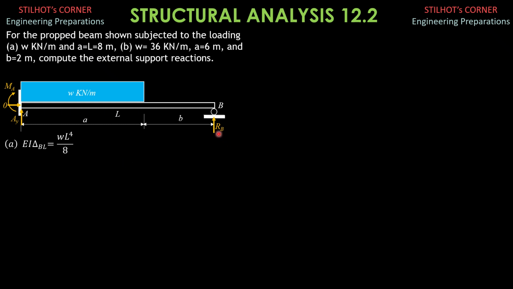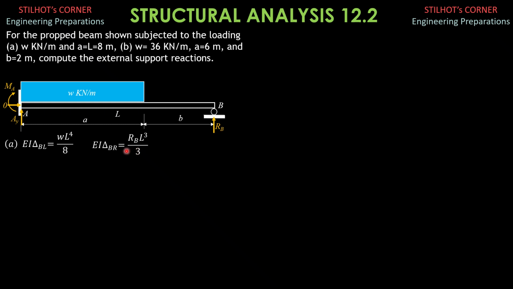So EI delta B due to the load is WL to the fourth over 8, while due to the concentrated load or reaction at B, it will deflect upward. The deflection here is EI delta B due to the reaction, equal to the force times L cubed over 3. So EI delta B due to reaction is RB L cubed over 3.